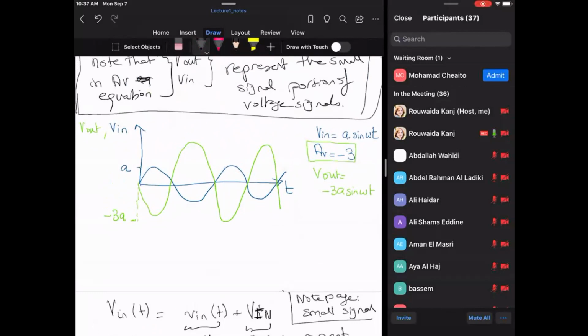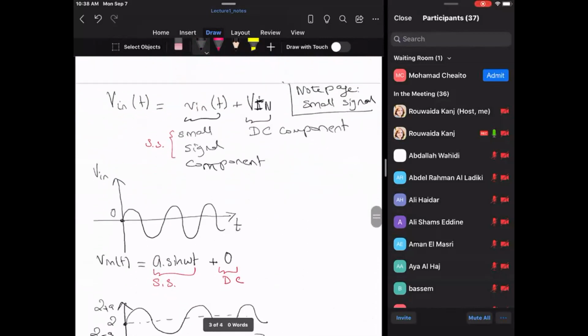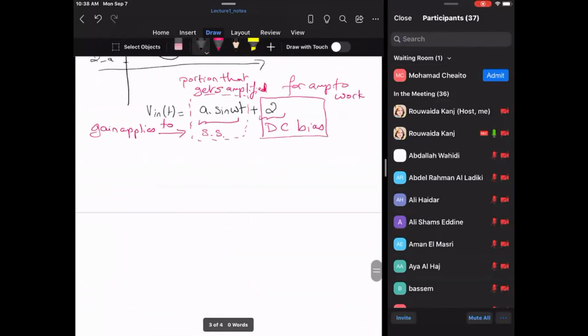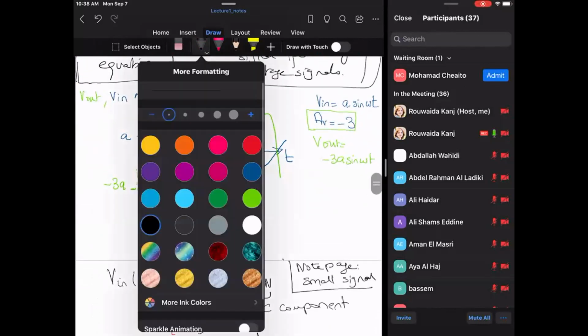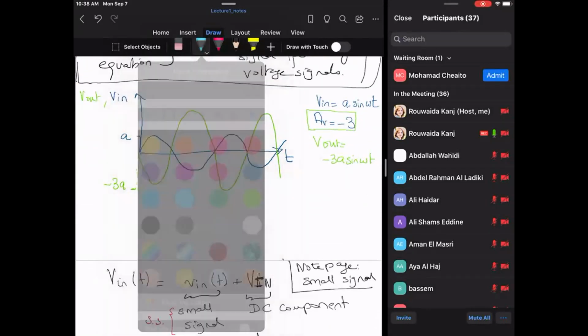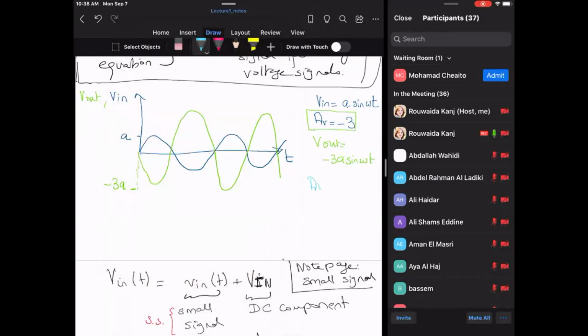Here we showed, and thank you, Doc, that we have negative gain and we can also have positive gain. So if AV is equal to +3, so if the gain AV is positive, in this case my output will be plus 3A sine omega t, and my output is going to look something of this sort.